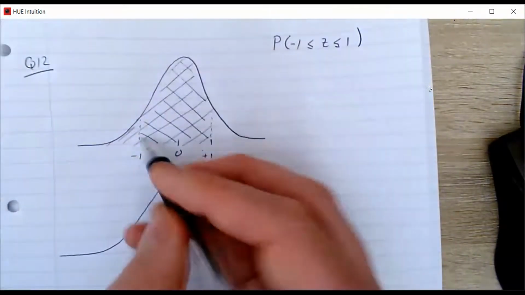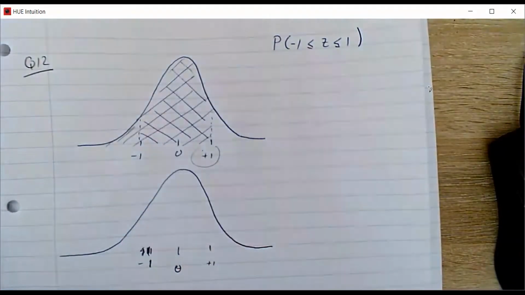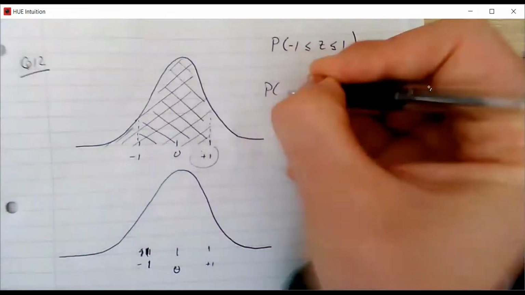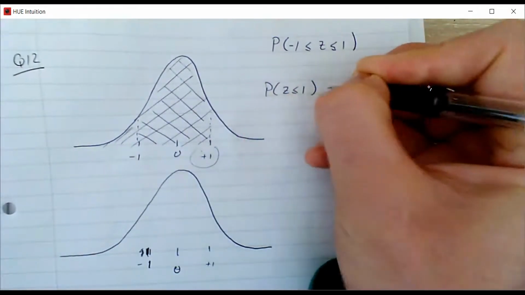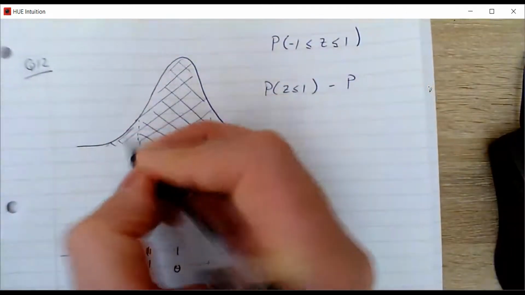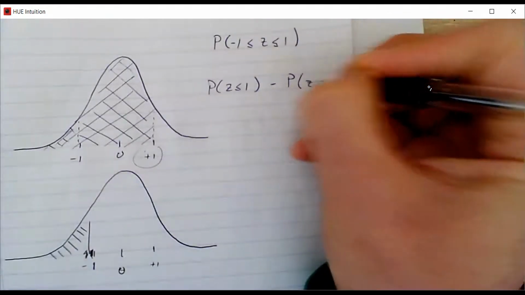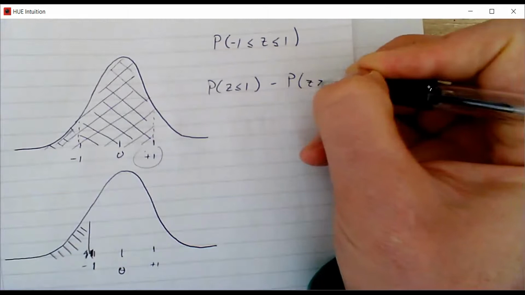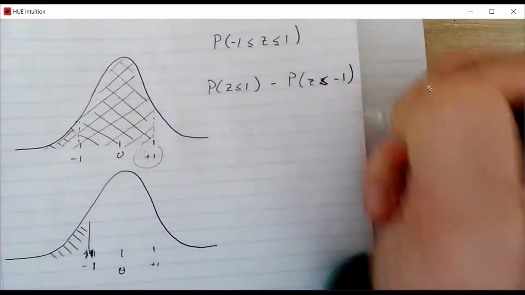So in order to get the bit that I want, I'm going to say, well, what is the proportion that's less than 1? The proportion of z-scores that are less than or equal to 1. And then I'm going to subtract this extra little bit over here, which I'm including down here, the proportion of z-scores that are less than or equal to -1. Okay, I want to take that away from it.